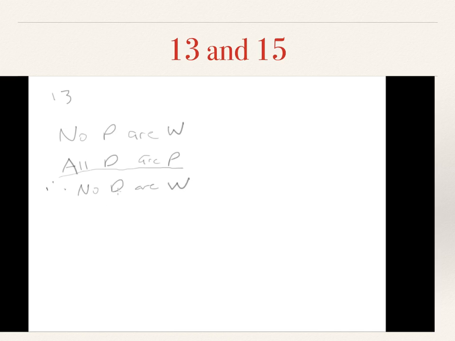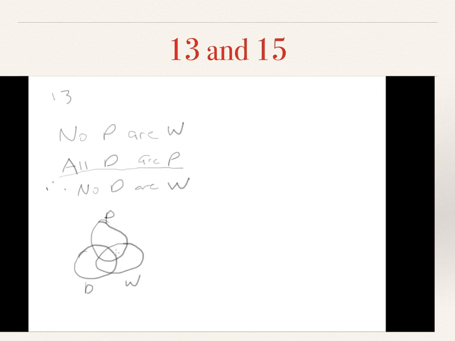We have the subject and predicate of conclusion. So those become subject of conclusion, which is D, predicate of the conclusion, which is W, and P is the middle term. Not a very good circle. Okay, so no P are W. So if we look at the circle P and W, there are no P's and W's.